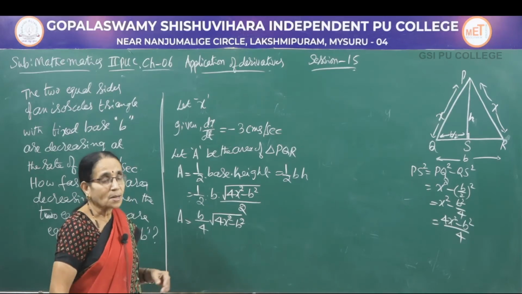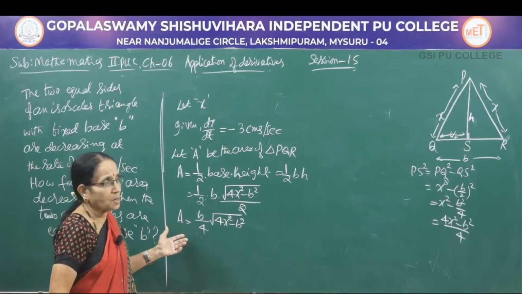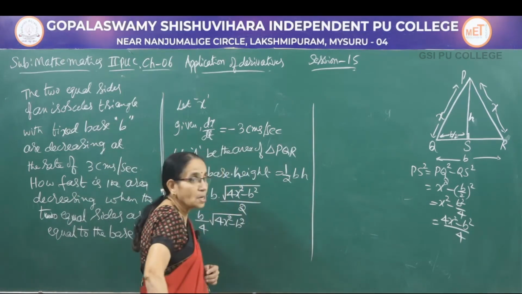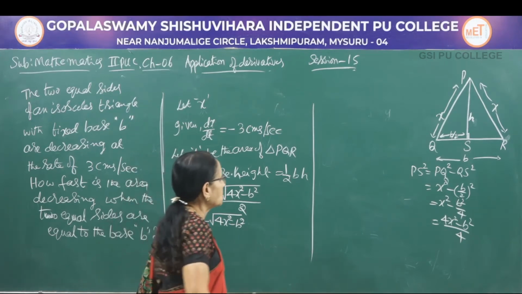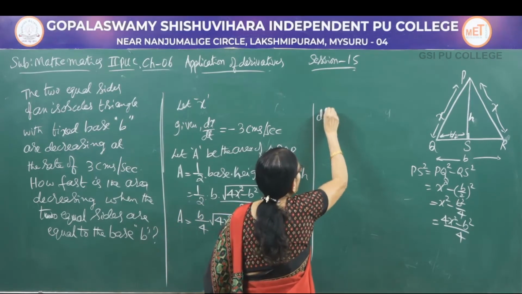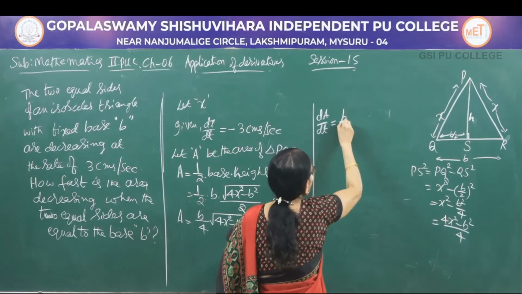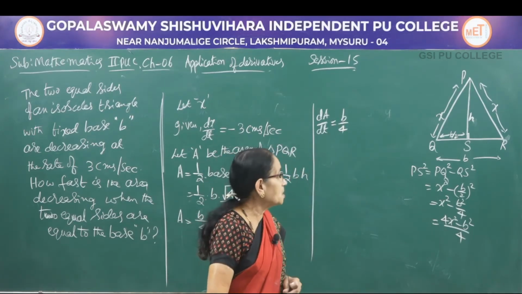Here we have to calculate the rate of change of the decrease of the area. So, what you have to do? You have to differentiate A with respect to t, the time, that is dA by dt. So, keep that B by 4 as it is, because it is a constant.